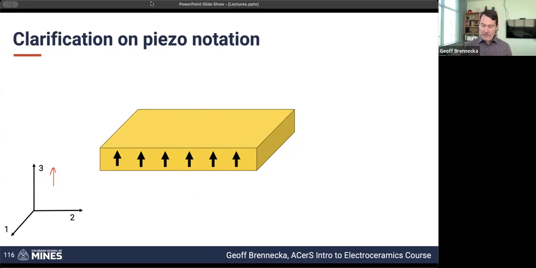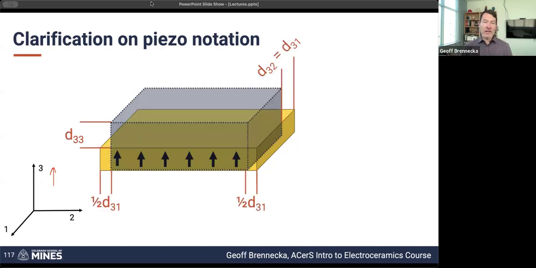Now that we have that lower symmetry, we've broken symmetry and now have a defined three direction. When we talk about a d33 or a d31, that's relative to that three direction. So d33 means that we apply an electric field in that three direction, and we also get a strain in that three direction.